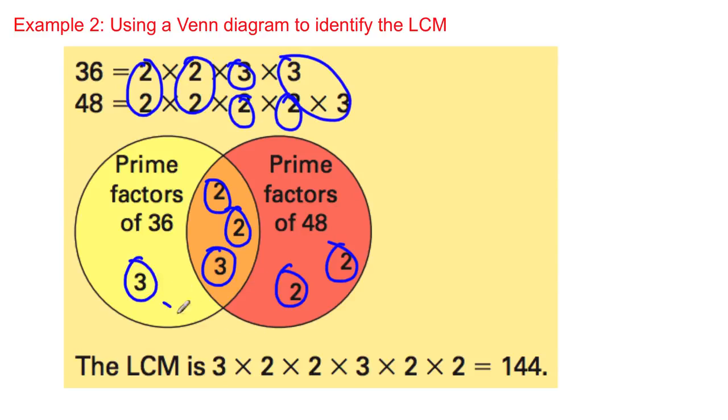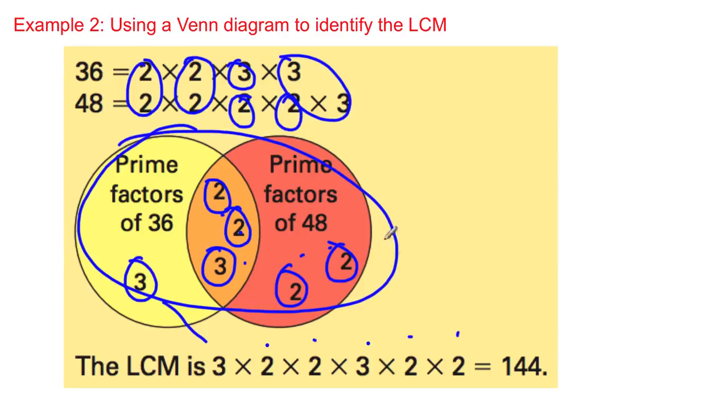So as you can see, 3, 2 and 2, 2 and 2, 3, bring it down to there, 2 and 2, right there. So essentially using all of the numbers. And when you multiply these all together, what do you get? 144. So I hope this clears it up just a bit.